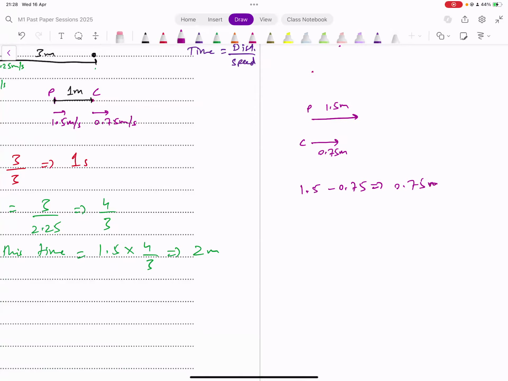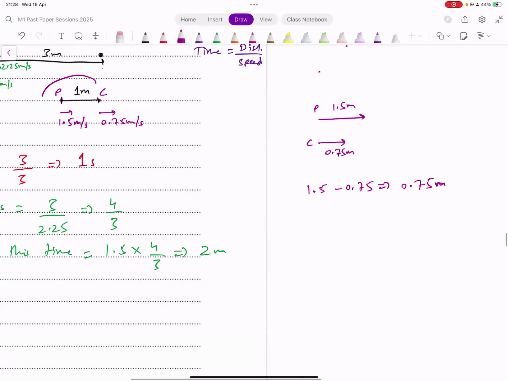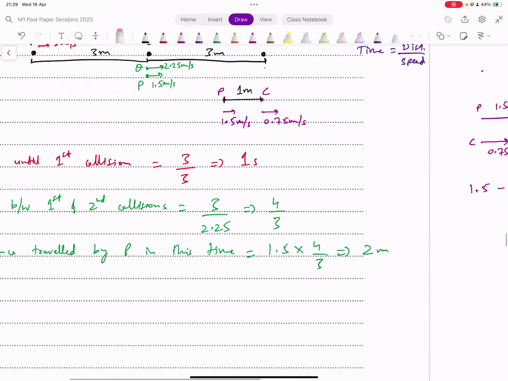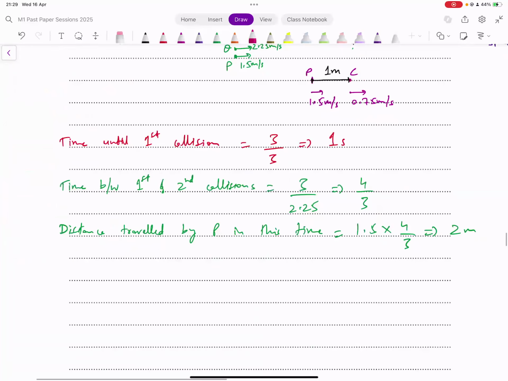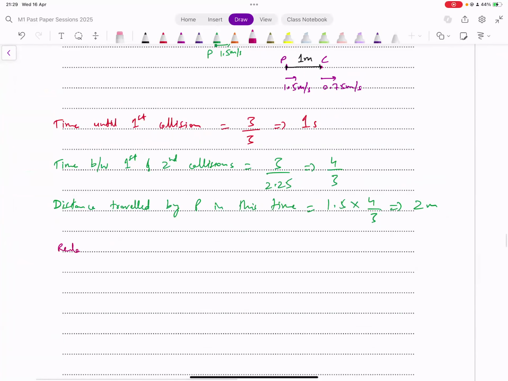So every second, what's happening is P and C, they are getting closer. They're getting closer by 0.75 meters. So we can say the net speed, the relative speed for both of them. What would that be? Relative speed of P with respect to C. P is moving at 1.5 meters per second to the right.